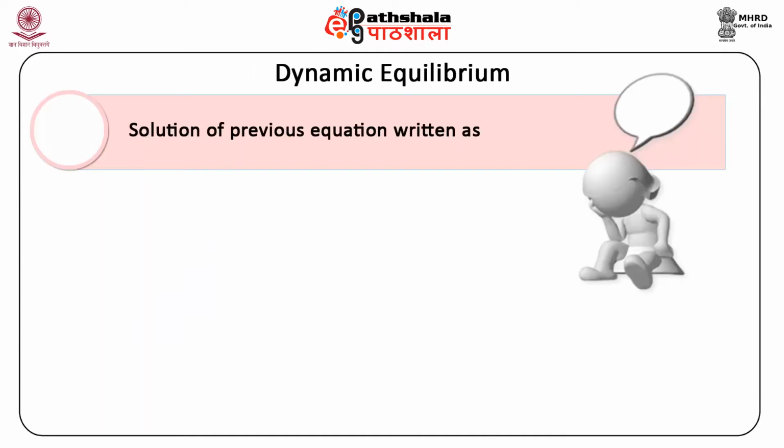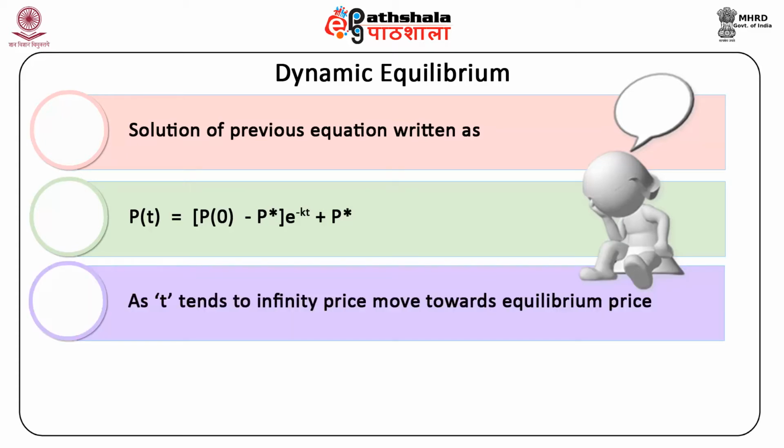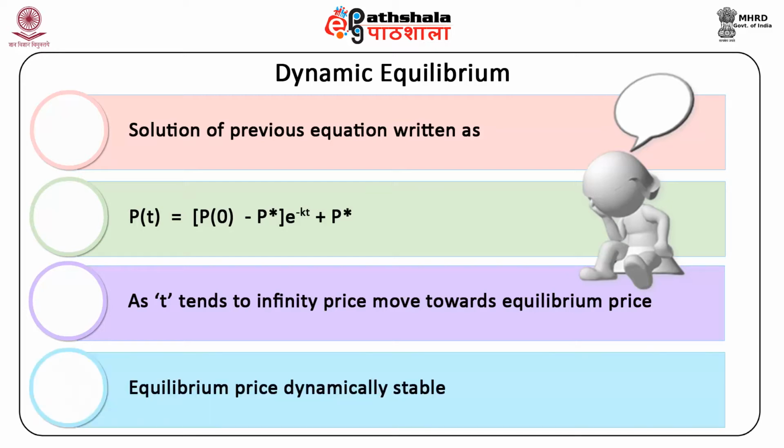The solution of the previous equation can be written as P(t) = (P0 - P*)e^(-kt) + P*. The equation states that as t tends to infinity, price moves towards the equilibrium price, and the equilibrium price is dynamically stable.